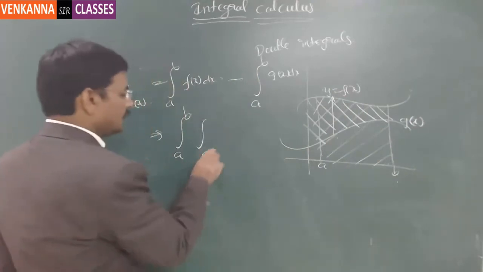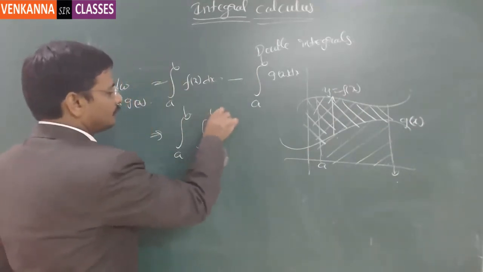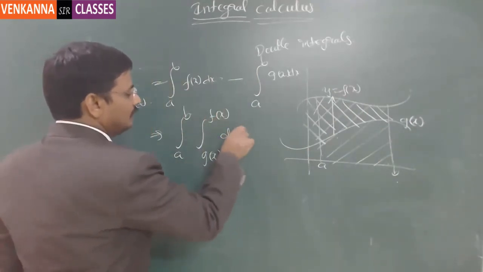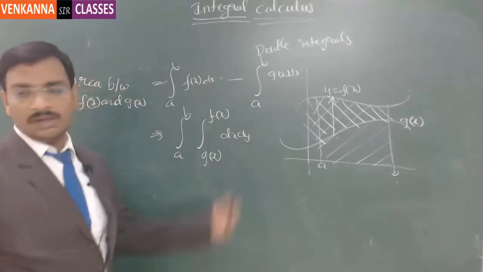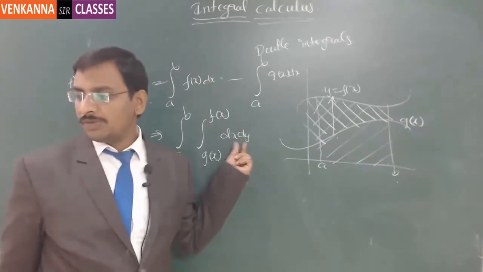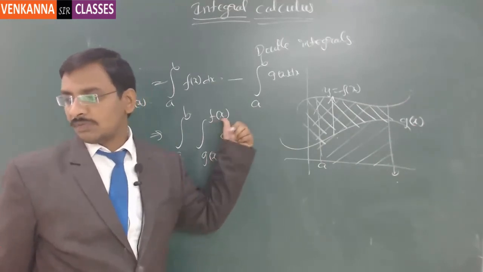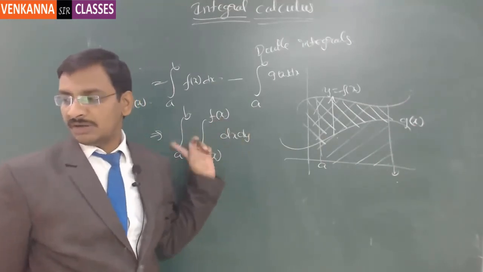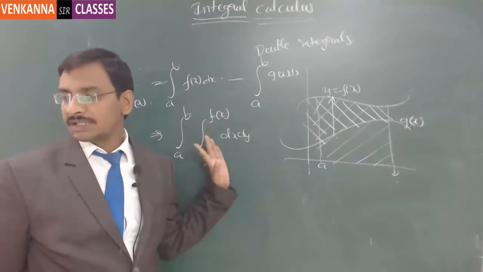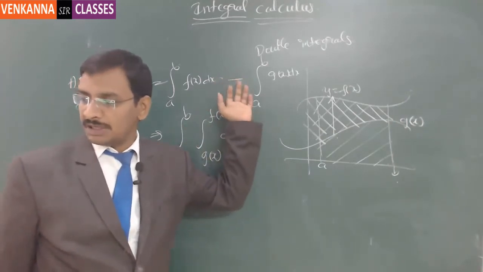That's why I keep this as g of x to f of x, and then dx dy. Now here there will be a variation in y and a variation in x. The variation of y is between g of x and f of x, and the variation of x is between a and b. This is how it will be expressed in this particular integral.